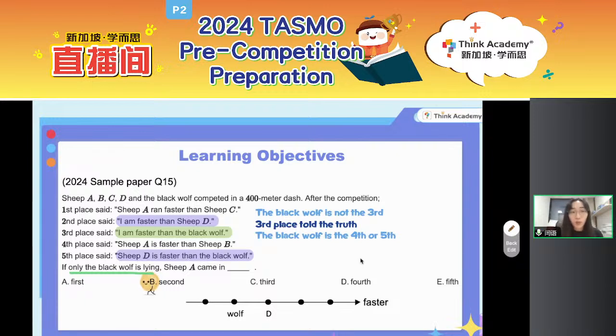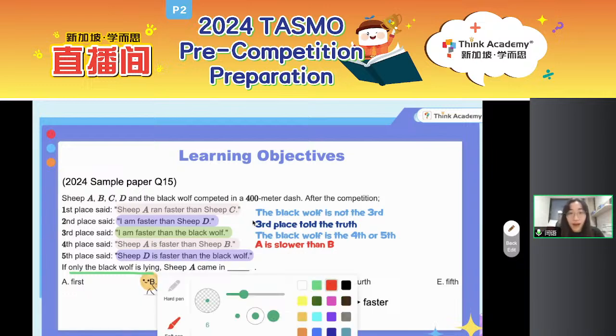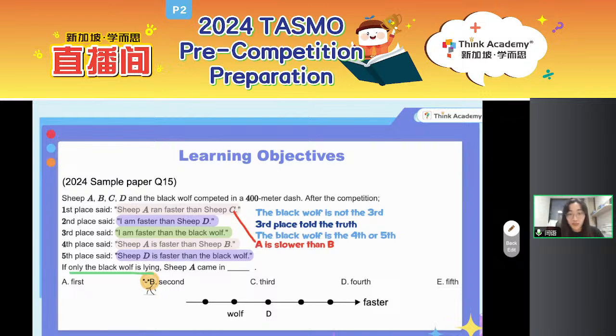And then following this, okay, move on. What about the first place? It says, okay, sheep A ran faster than sheep C. And then since the fourth one is the black wolf, actually the truth should be A is slower than B. Now let's try to combine these two sentences.